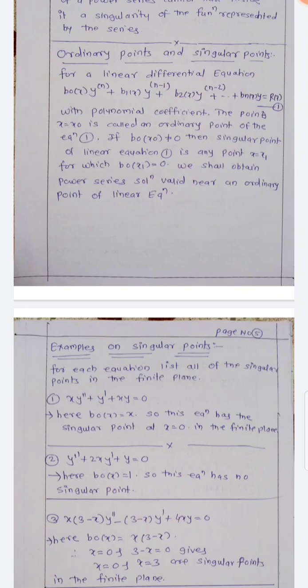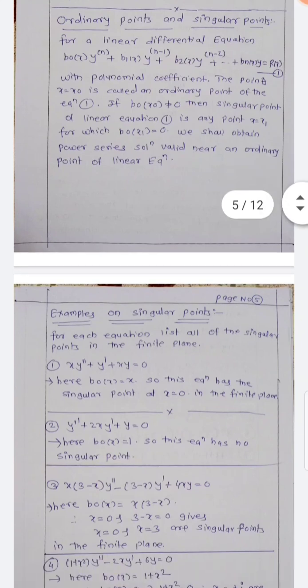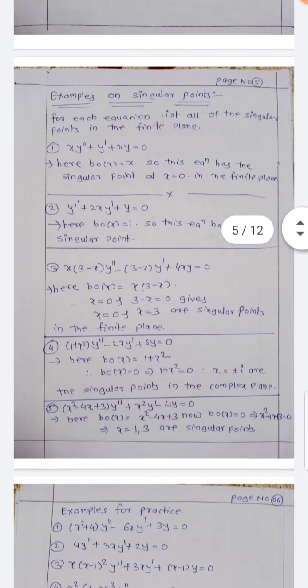Then the singular point of equation 1 is any point x equals x1 for which b0 of x1 equals 0. So we shall obtain the power series solution valid near an ordinary point of a linear equation.